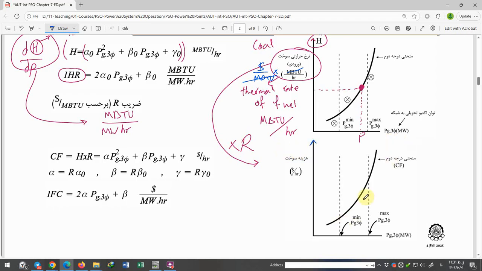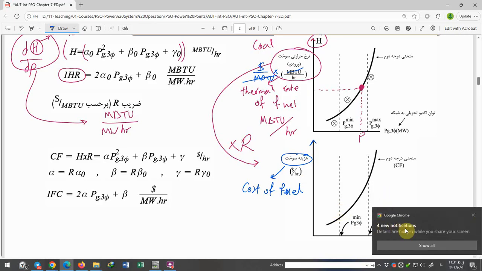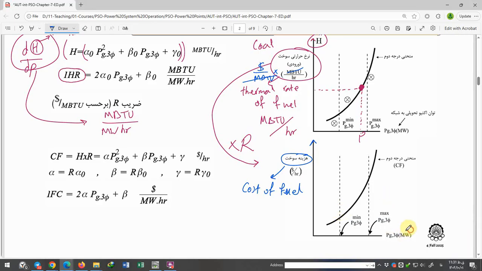You change the graph to the cost of fuel regarding active power, dollar per hour.